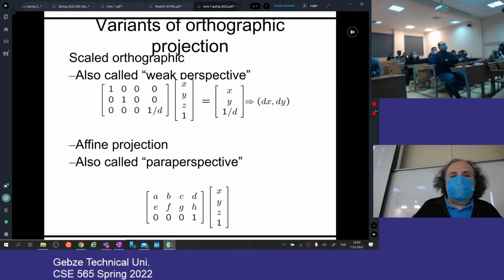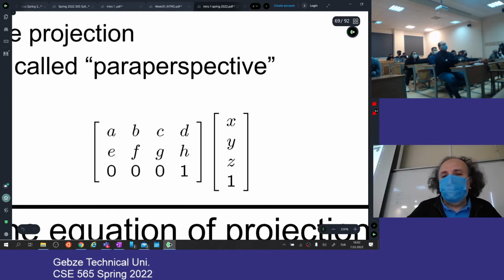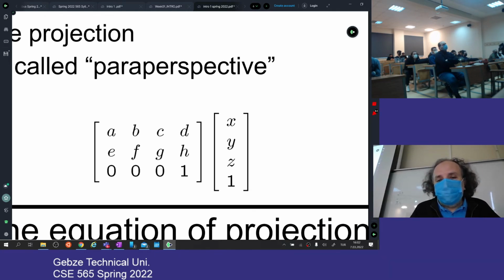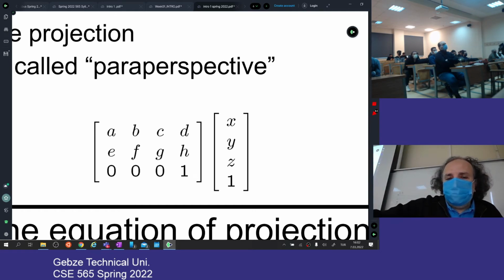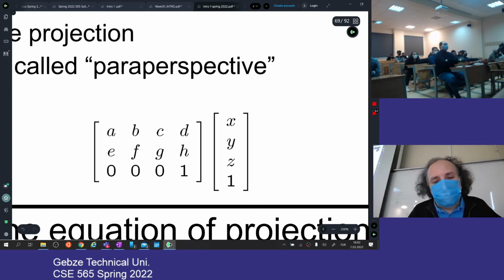Good. And as a final example, we have affine projection. We don't have these kinds of cameras or lenses. They are very difficult to build. So there is no structure to it. I multiply this point with this matrix, and that's all I do.